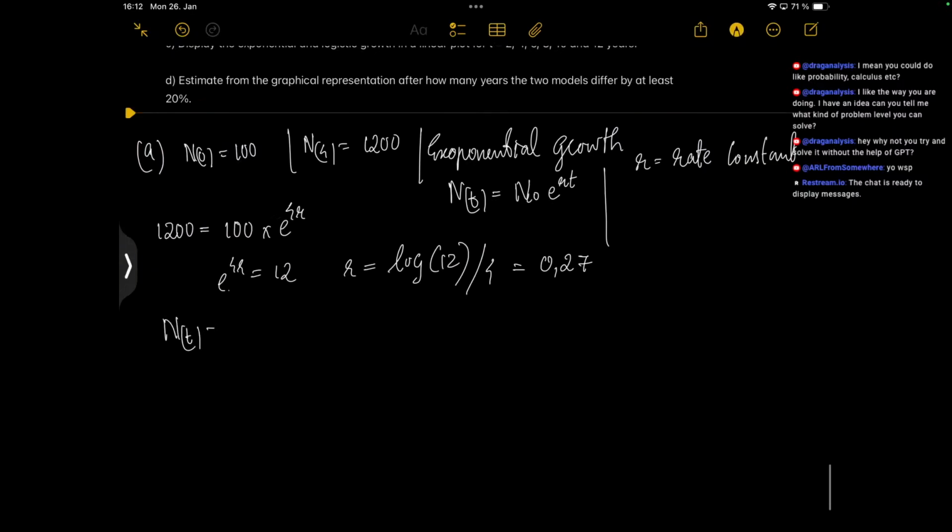N of t equals 4,000 equals 100 e raised to 0.27 into t, which implies t equals log 40 by 0.27.